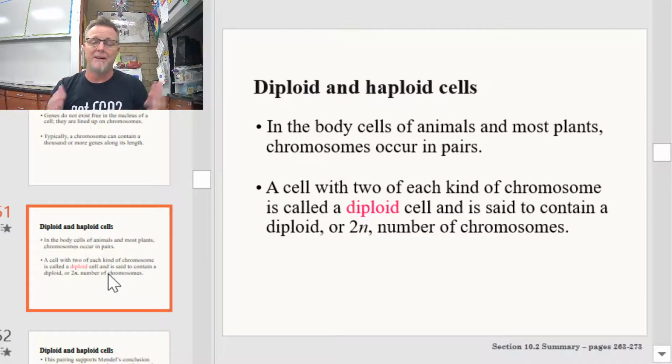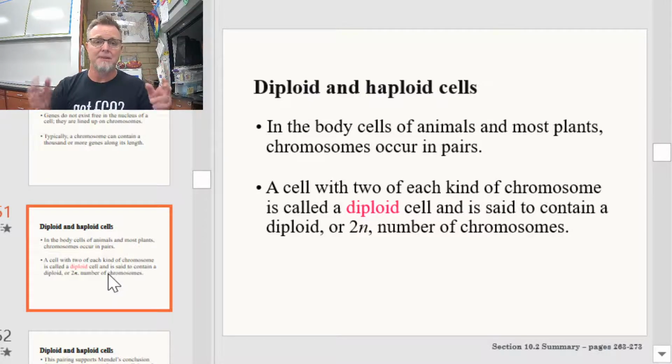Remember, each parent in humans anyway is going to contribute 23 chromosomes through their sex cells to their offspring. So you have a matched set of chromosomes from mom and a matched set of chromosomes from dad that come together to make baby. That's how it works. Again, doesn't matter if we're talking about humans, cats, dogs, fish, frogs, or even plants. Anything that sexually reproduces, that's how it works.